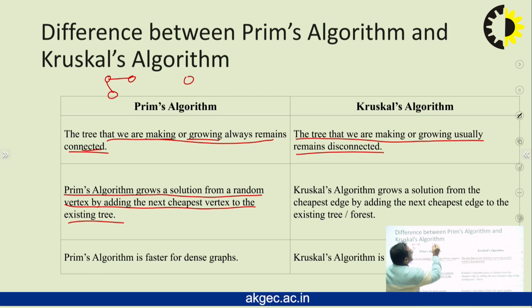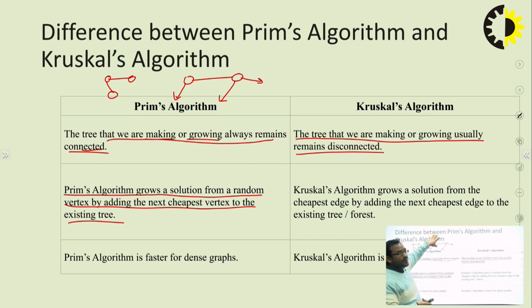Suppose you are selecting this vertex randomly, okay? So the next vertex you have to select from these options, right? Suppose there are three options connected to it, because the tree is growing in a connected form. So obviously you have to select an edge which is connected to that particular graph, right? So you have to select the minimum weighted edge from among them, right?